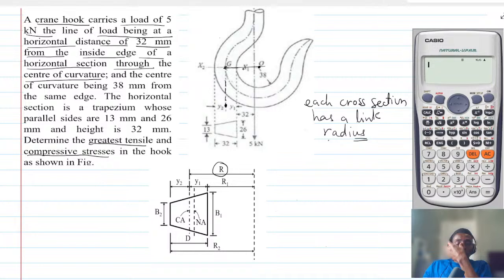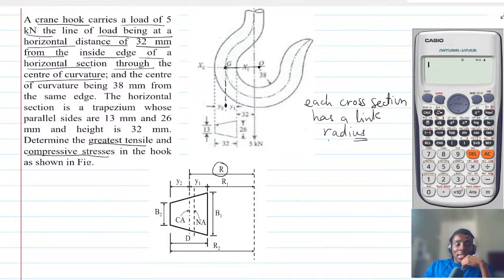But then there are two axes. You can see that there is the centroidal axis and then there is a neutral axis. So this question is confusing, but I want you to pay attention here.